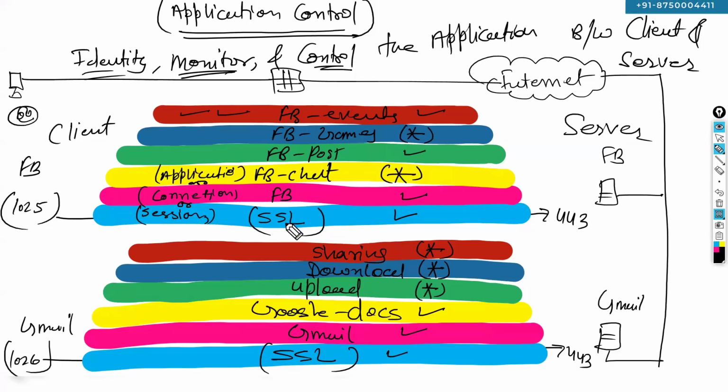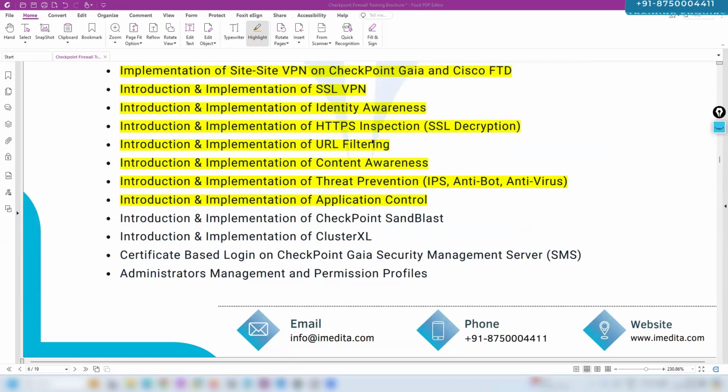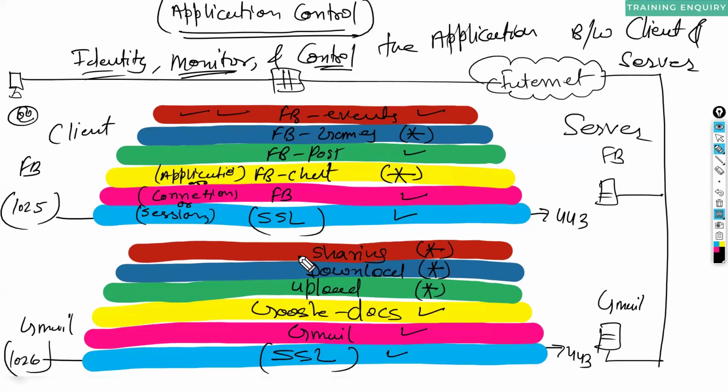These applications work in a secure environment, in encrypted format, and if you want to see them, you have to enable SSL decryption or HTTPS inspection. So you can do this with the help of application control, and it is called App-ID on your Palo Alto firewall.